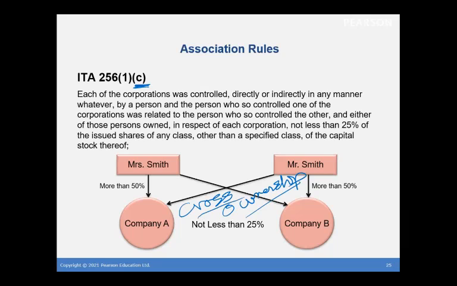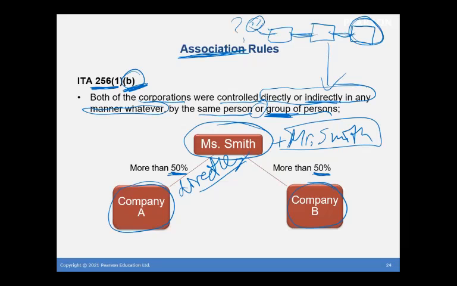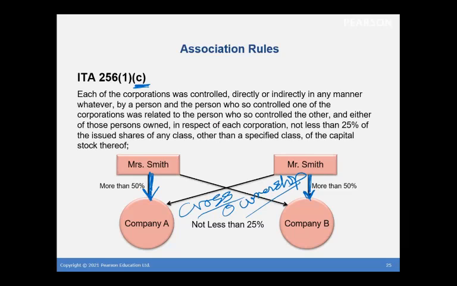So we have one thing going on, but then in this case, Mrs. Smith owns company A, Mr. Smith owns company B, right? So that's different. Here, they were both owning or controlling the same company. In this case, Mr. Smith controls B and Mrs. Smith controls A. That alone would not cause the companies to be associated.